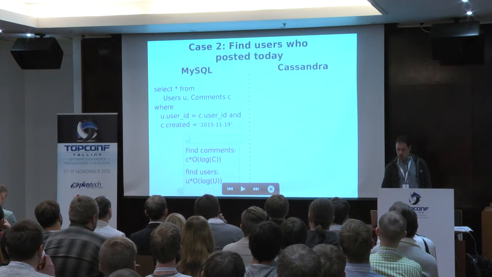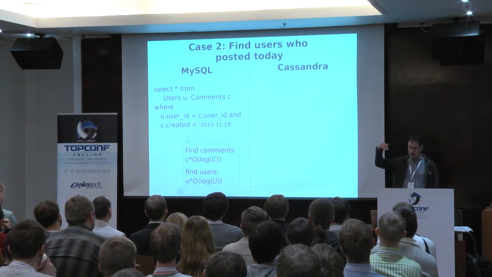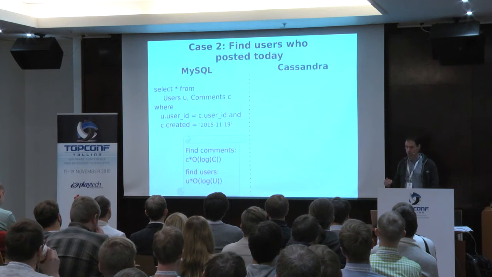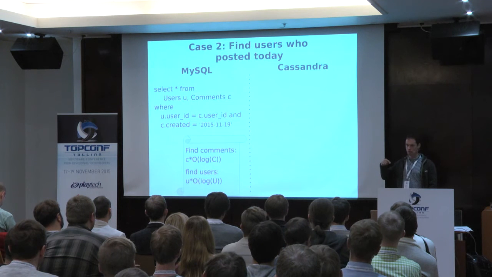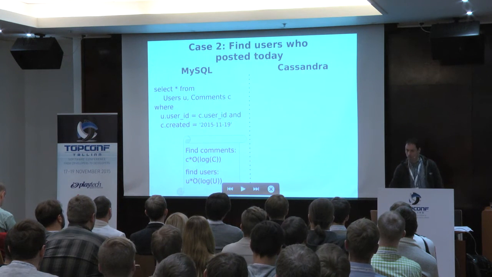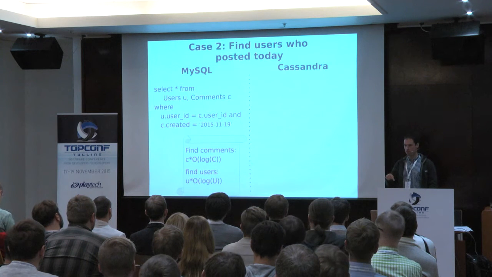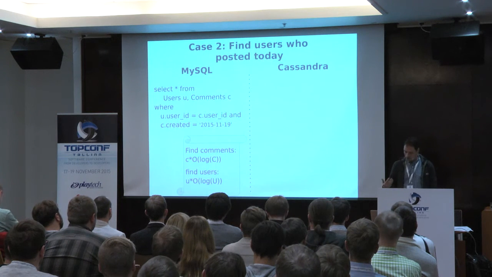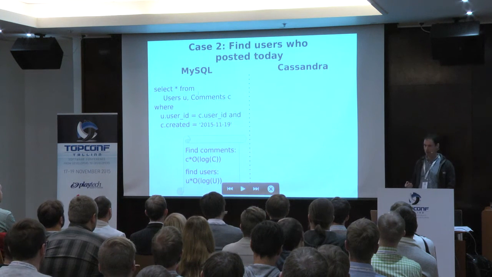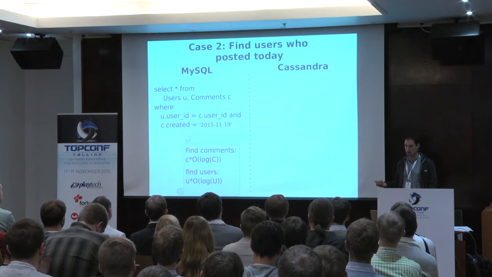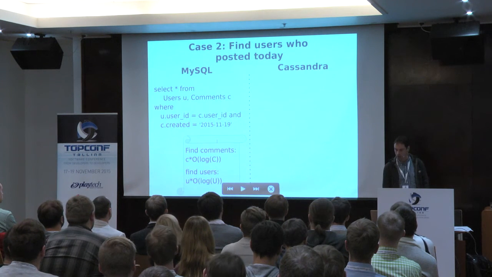First, we find multiple comments, and afterwards we find data for multiple users. And in contrast with the previous example, we will have to do multiple lookups to the users table. The query is more complicated, but MySQL can successfully manage that, no problem, it just takes more time.